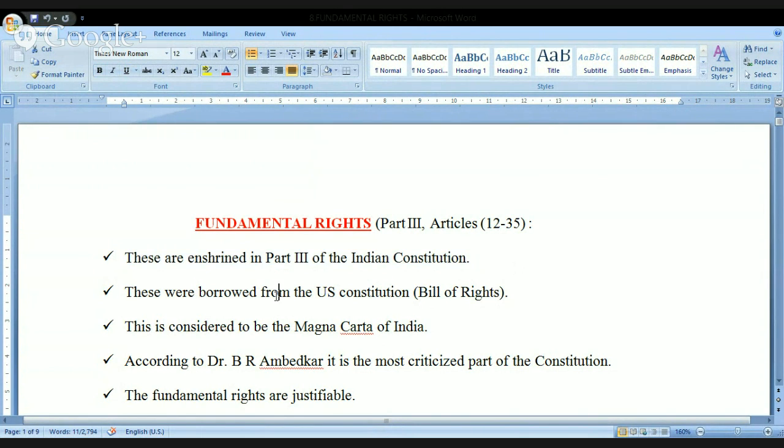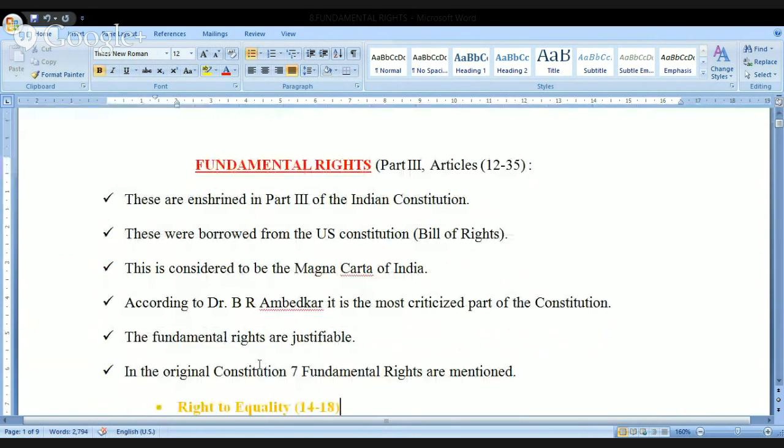These were borrowed from the United States Constitution. This is considered to be the Magna Carta of India. According to Dr. B.R. Ambedkar, it is the most criticized part of the Constitution. Most criticized means most discussed part of the Constitution.